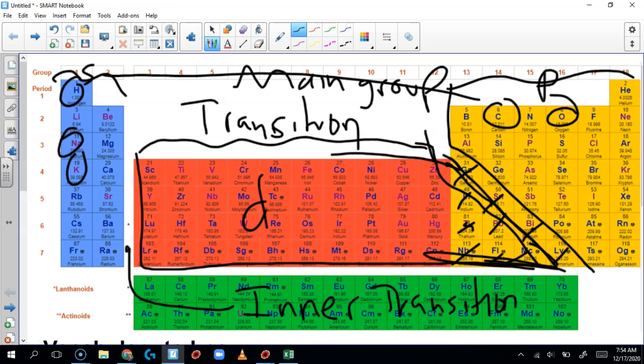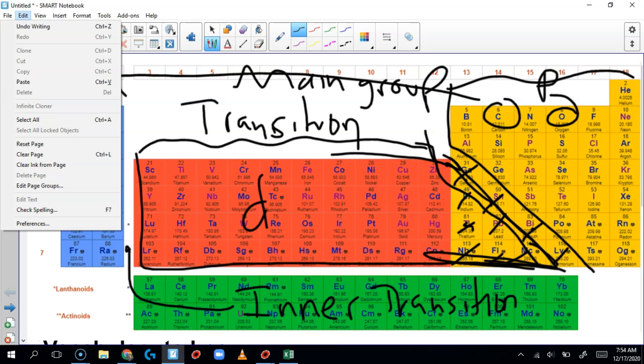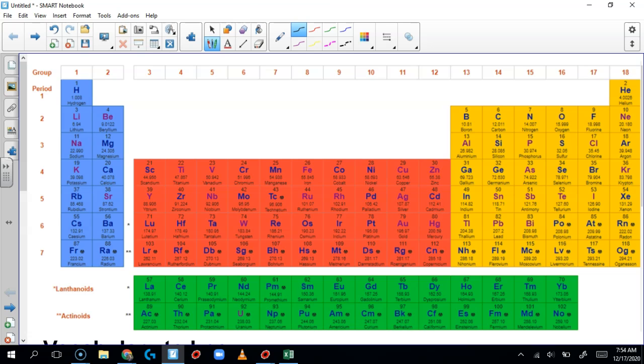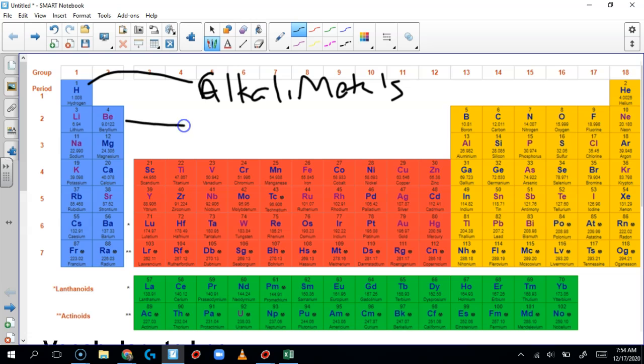And then the last thing that I wanted to go over were some of the specific family names. There are 4 family names that we're going to go over. This first one, group 1, like I said previously, these are the alkali metals. And then group 2, all of these are the alkaline earth metals.